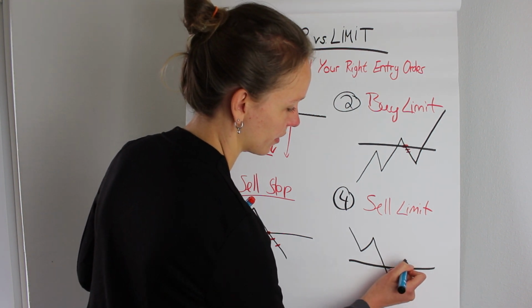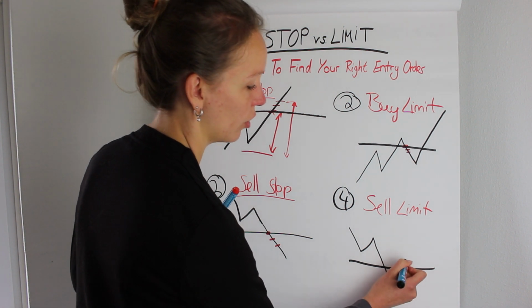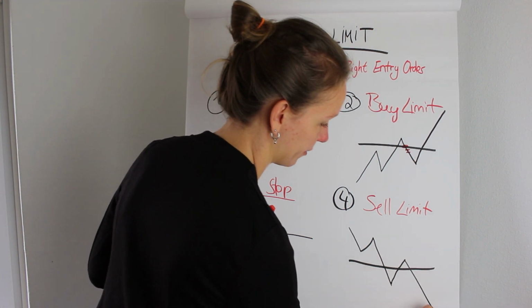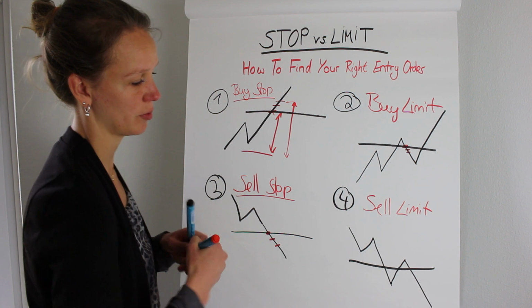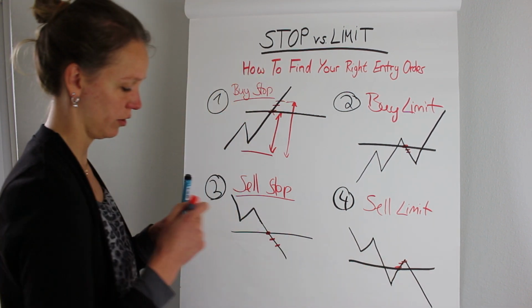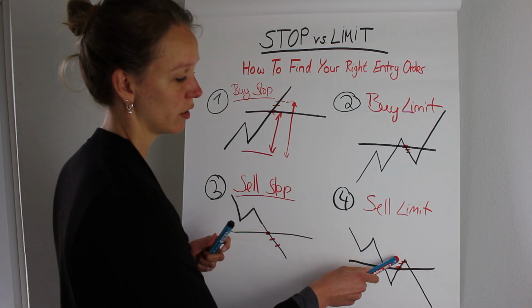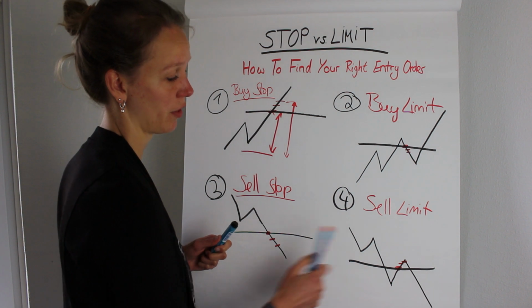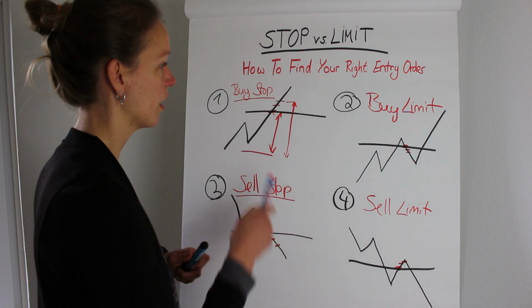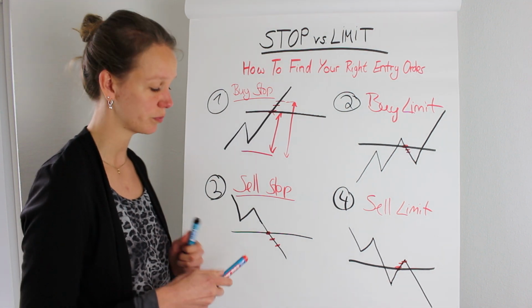The order gets filled as soon as we go back up over our order line. So in this case we get filled at this point, or maybe depending on the spread, a little bit higher. But our risk in no case gets bigger than we calculated with. Those are the four options you have in a really quick explanation.